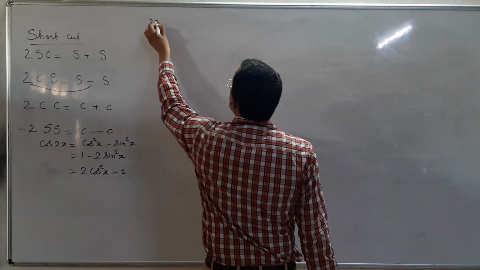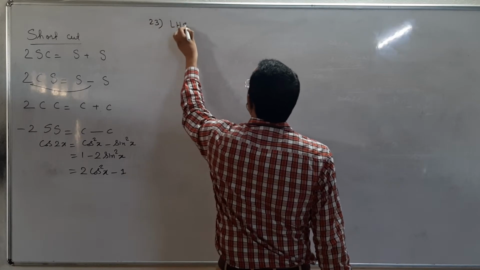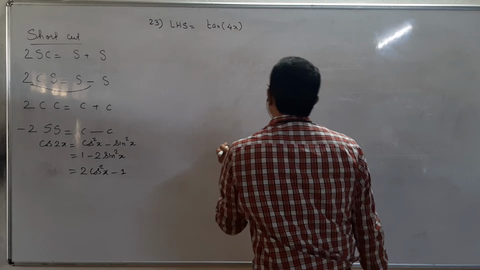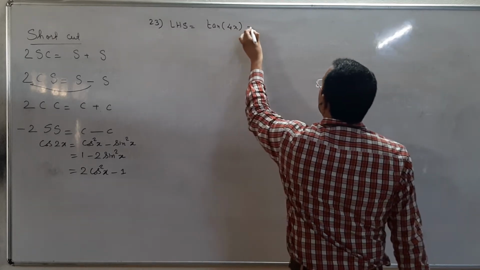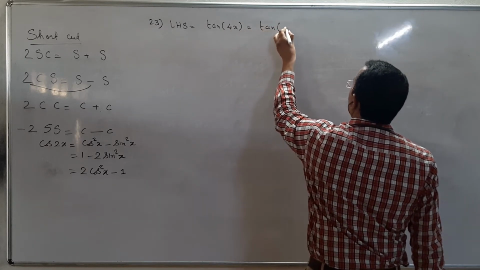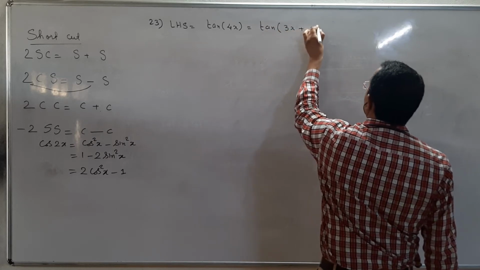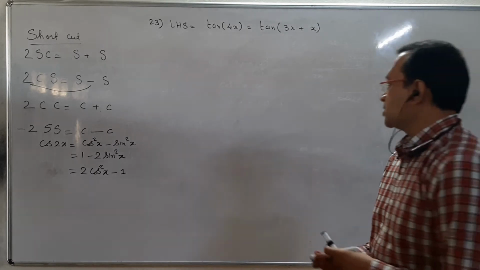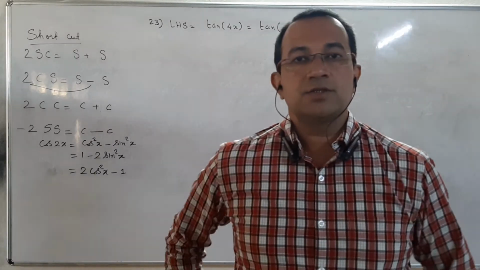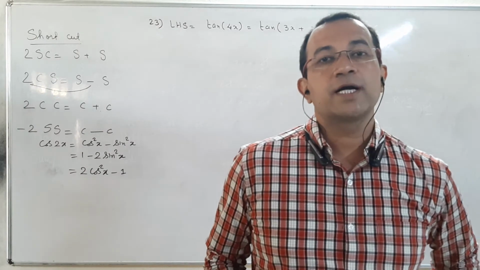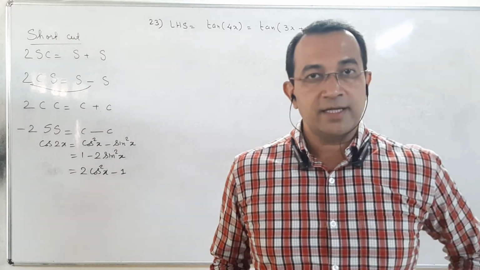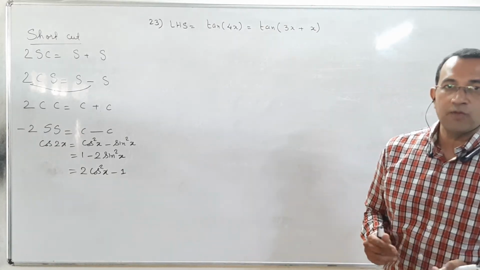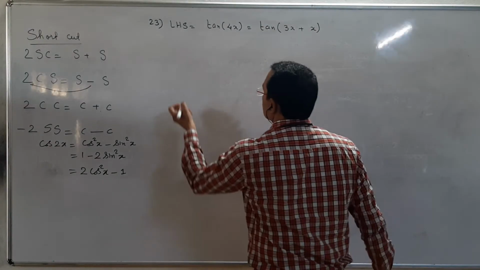Okay, sum number 23, LHS is tan of 4x, which is written as tan of 3x plus x. Now students, all of you know the formula of tan of x plus y. Let us revise, students, the formula of tan of x plus y.